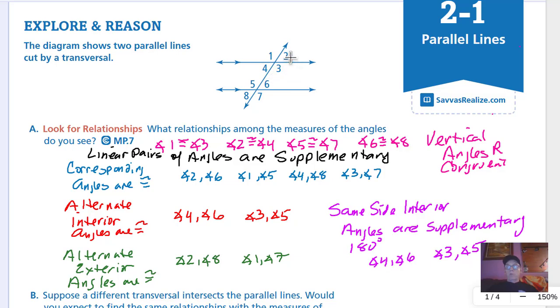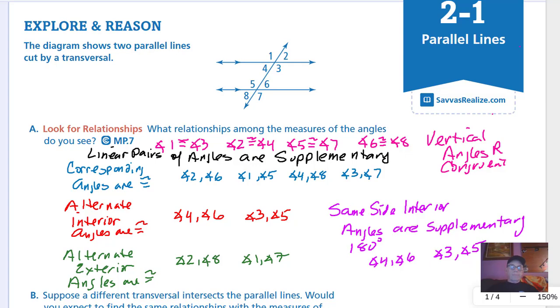If 2 is a 30, 6 has to be a 30. 8 and 6 have to be congruent by vertical angles, so 8 has to be a 30. 8 and 7 are a linear pair, so 7 has to be 150. Or we could look at 7 as being alternate exterior with 1. So there's lots of different ways that we can go about finding all the angle measures in this diagram if we have a parallel line cut with transversals and we're just given one angle measure.